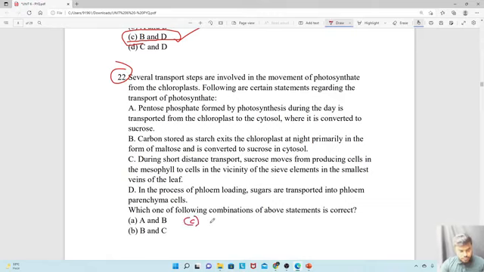Option C and D. Option D, A and D. A and D. Slowly, friends, think and answer. Slowly think it. Come on, be active.